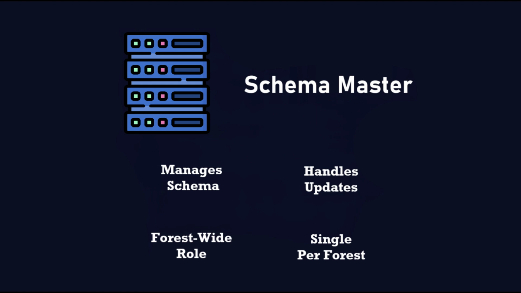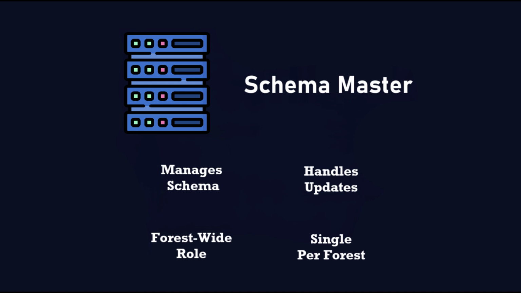It ensures consistency across the entire Active Directory forest by enforcing standardized object definitions. Since the schema controls the fundamental structure of Active Directory, any modifications to it, such as adding new attributes, modifying existing ones, or removing old definitions, must be processed through the schema master.